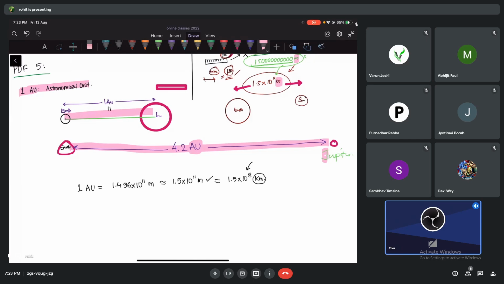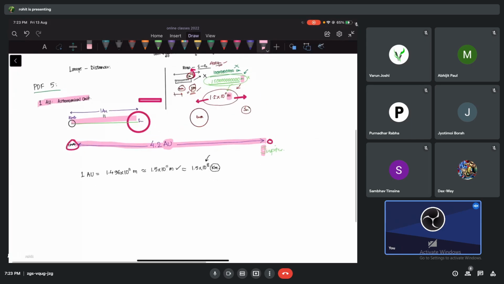Okay, let's look at some more units of distance, much bigger units. Take our solar system: the earth, the sun, all the 8 or 9 planets that we have. AU is quite good, a very fine unit, because it helps us calculate the distance between earth, sun, and any other planet.